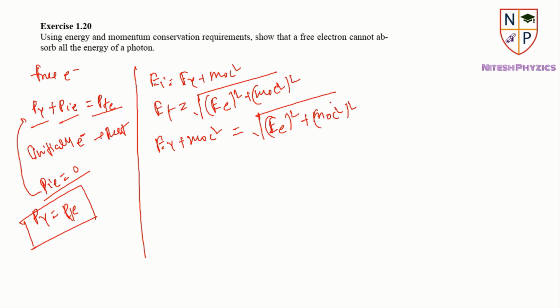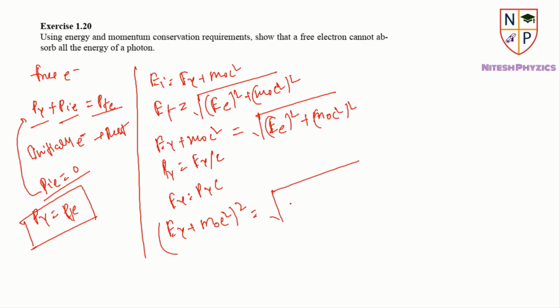Okay, the relation between the energy and the momentum of the photon is P gamma equal to E gamma by c. From this we can write E gamma is equal to P gamma c, and this is equal to the energy E of the electron. Substitute E gamma for E and square both sides of the expression. Then E gamma plus m naught c square, all to the power 2, is equal to E gamma to the power 2 plus m naught c square to the power 2.